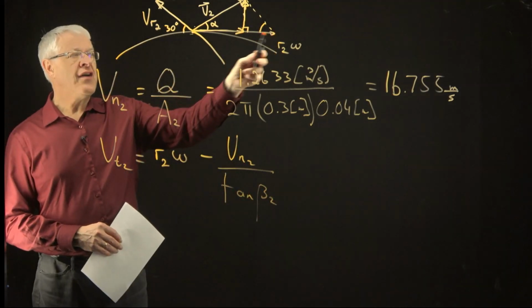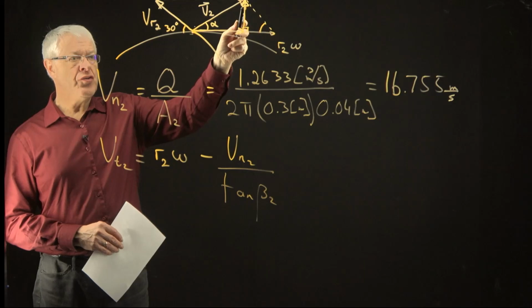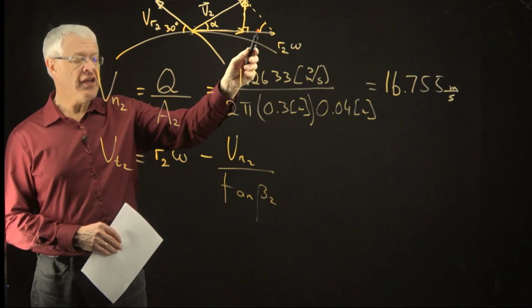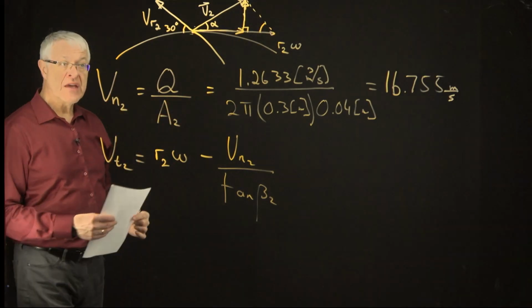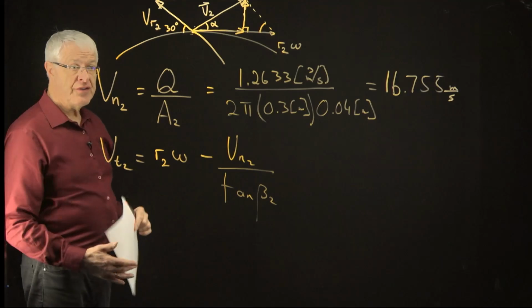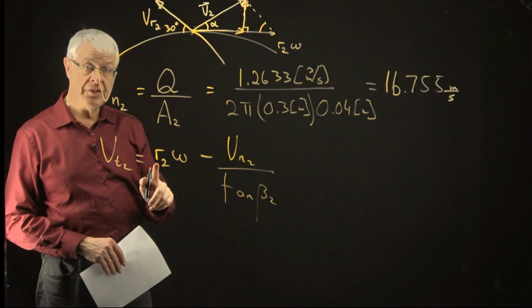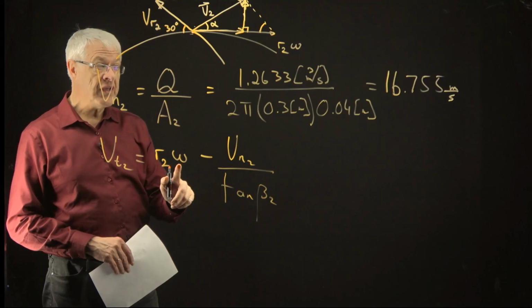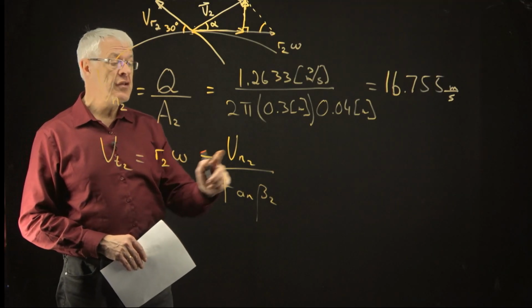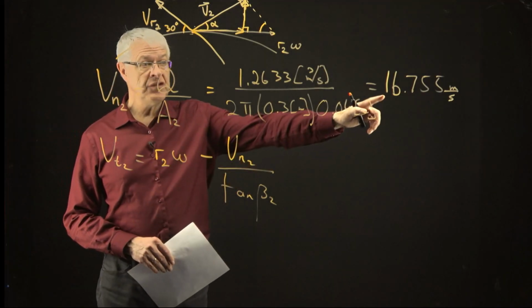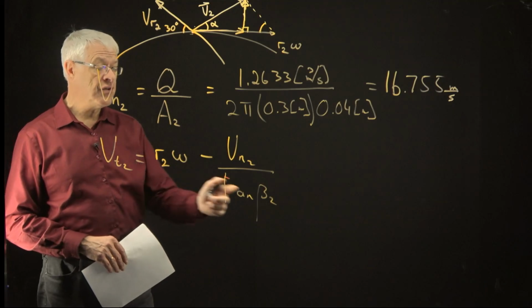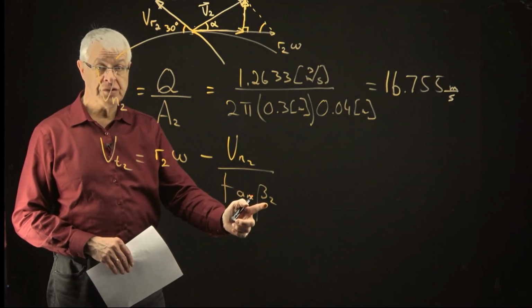So we're after this distance, we know this distance, and we know this angle is 30 degrees. So again, we have the numbers for all of these things, so I'm not going to substitute in the numbers here. R2 is 30 centimeters. Omega is our 2400 RPM. Vn2 is the 16.755 we just figured out. And then this beta 2 is 30 degrees.